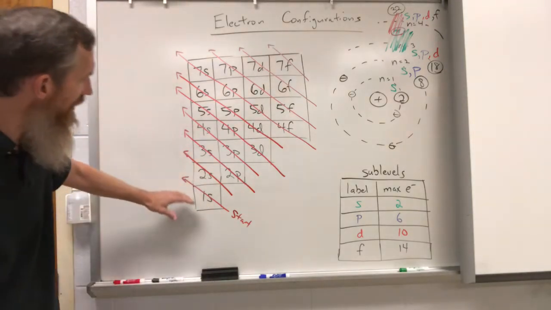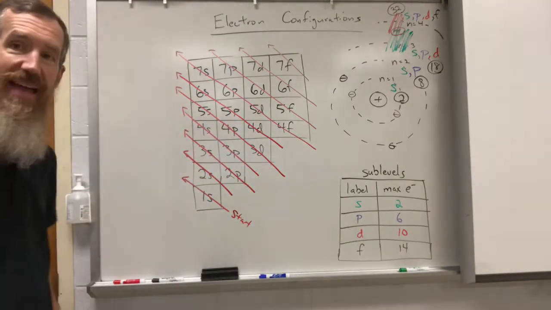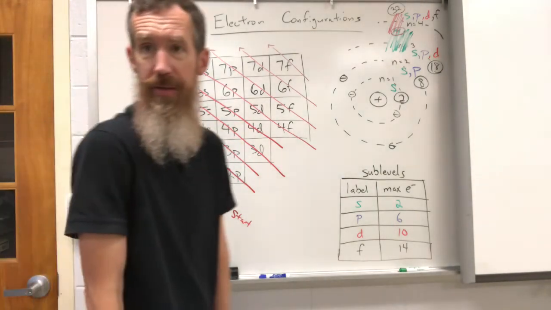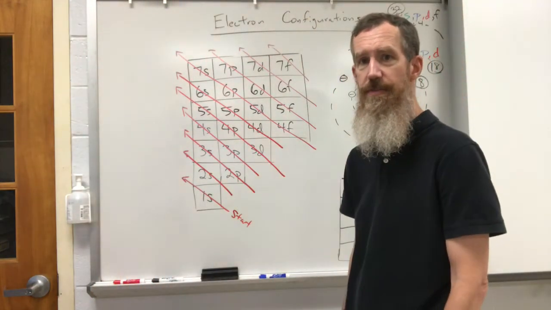But if you can list the energy levels with their appropriate sublevels and then draw a set of diagonal arrows, you have a map of how these sublevels will fill in. And this is what Mother Nature does.